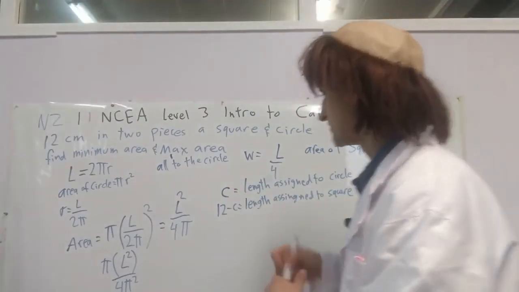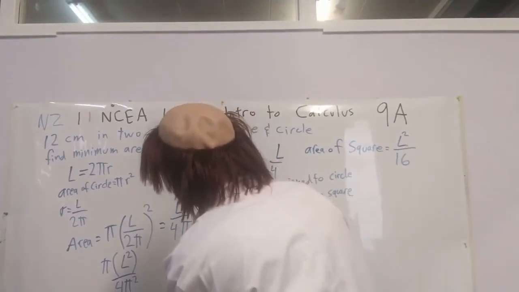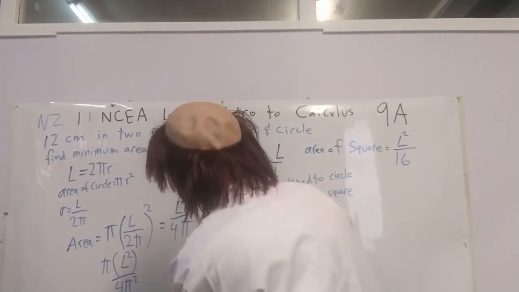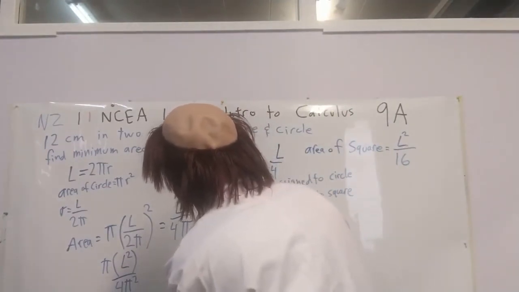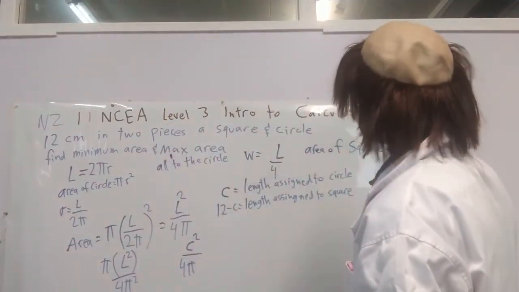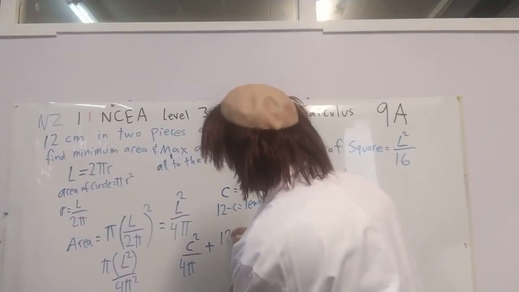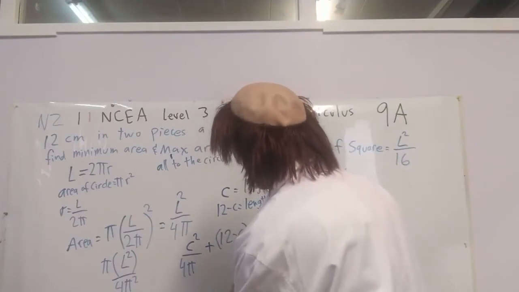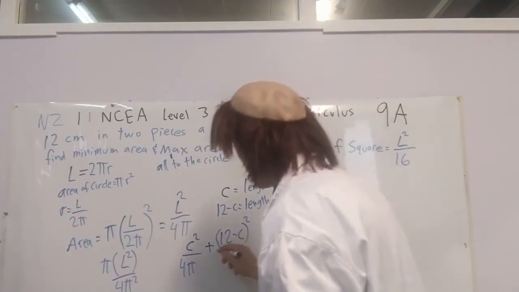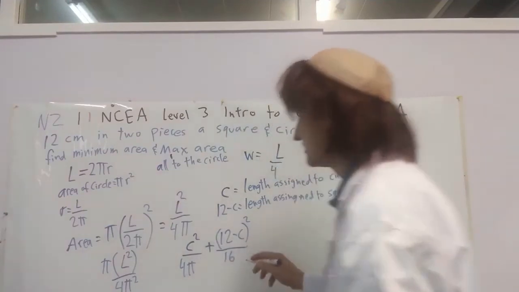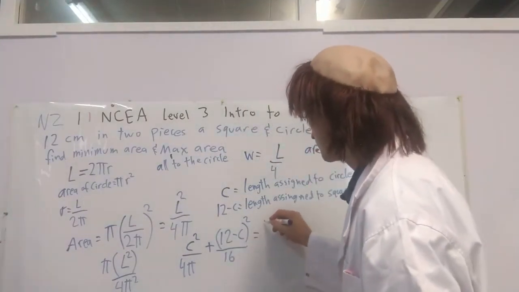I've chosen this order. So for the circle, we'll get C squared over 4 pi. For the square, we'll get plus 12 minus C squared over 16. This is our total area.